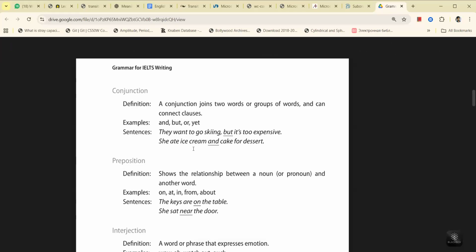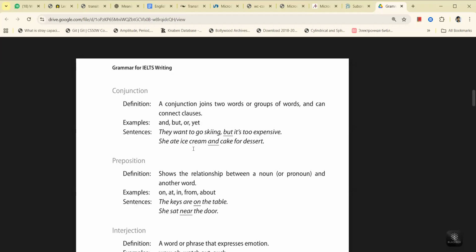Okay, conjunction. A conjunction joins two words or groups of words and can connect clauses. So in a sentence, when you have to connect two ideas, or make complex sentences, then we also use a conjunction.